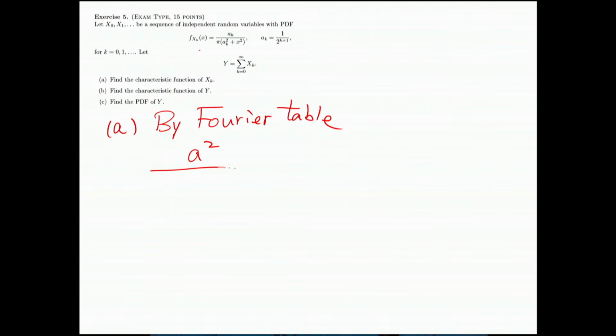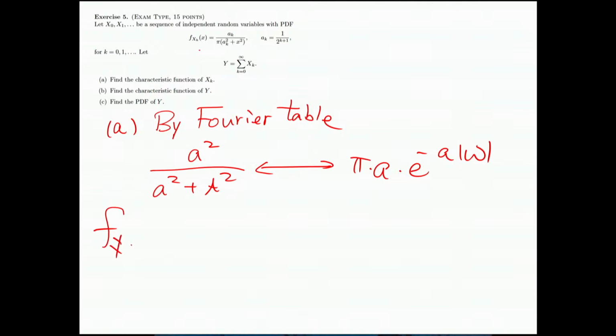we know Fourier table, this one is pi times a times e to the minus a omega. So the PDF of xk of x is this, ak over pi times ak squared plus x squared.